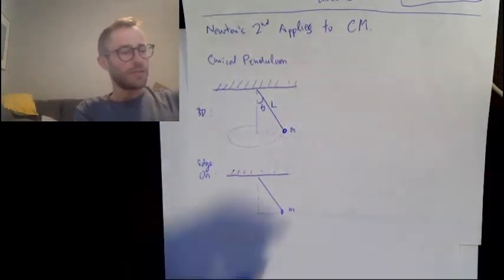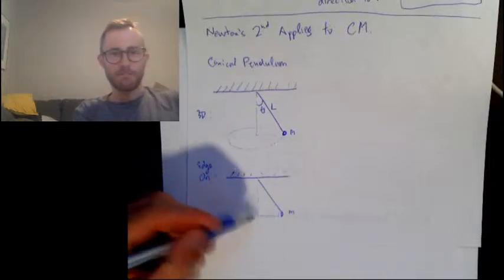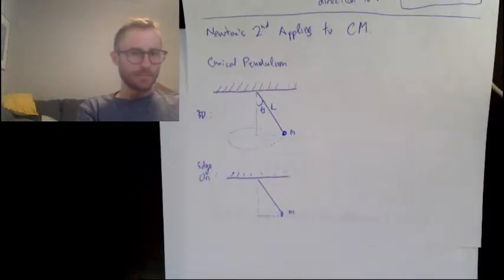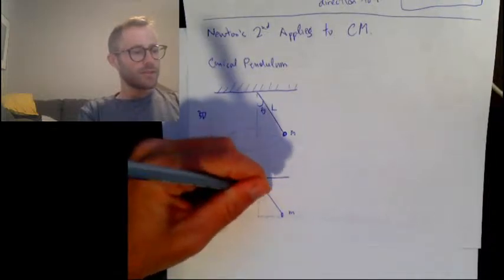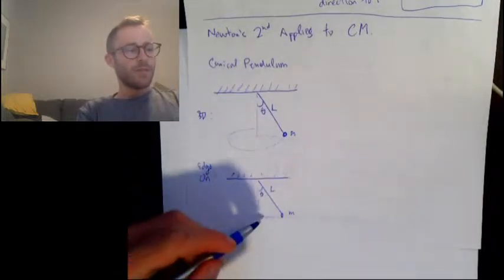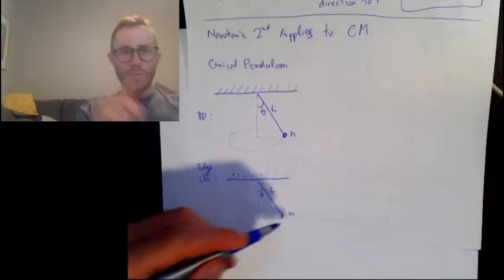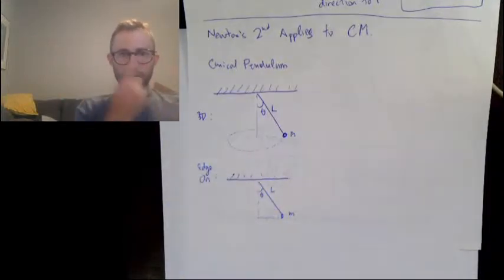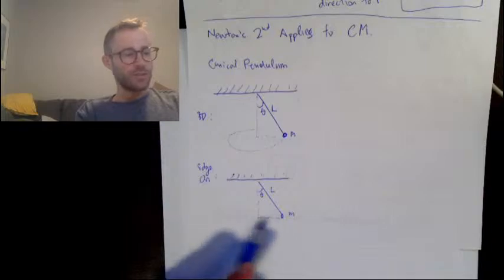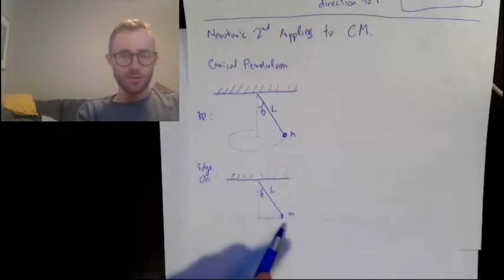So it just looks flat. So this is theta. This is the length. Because the mass is moving in a horizontal circle, it's moving back and forth horizontally.